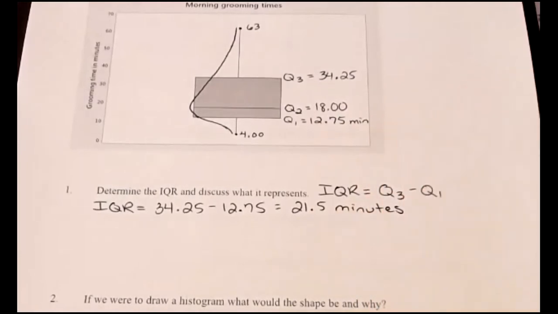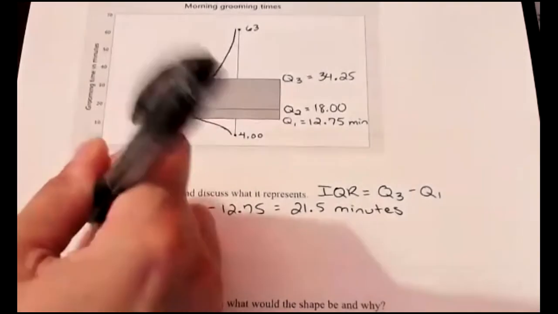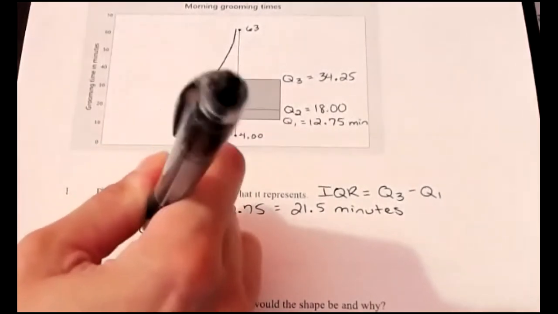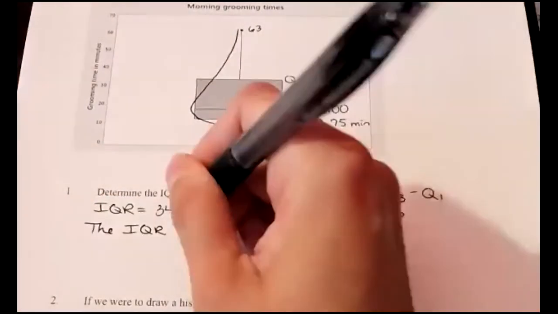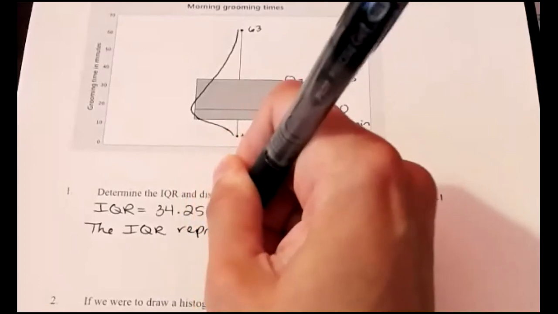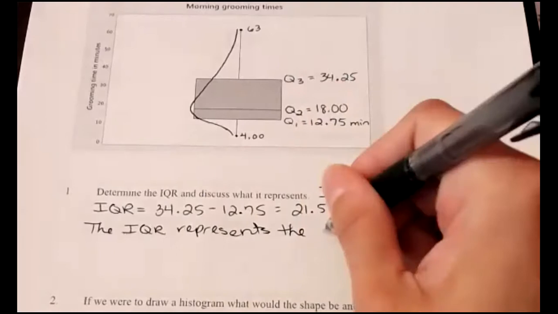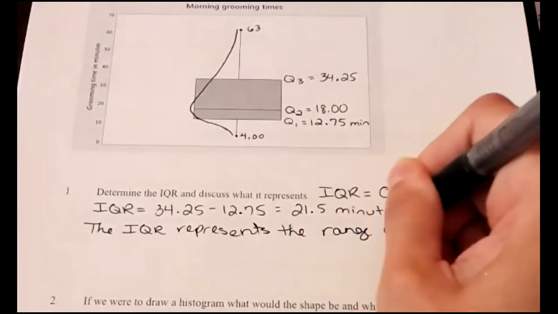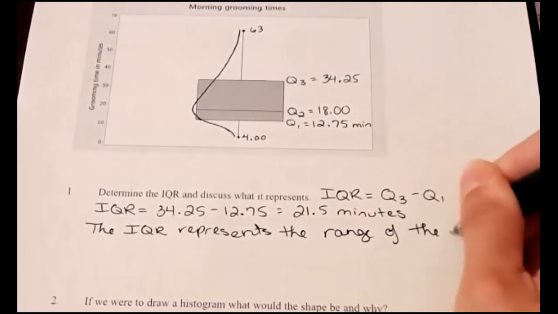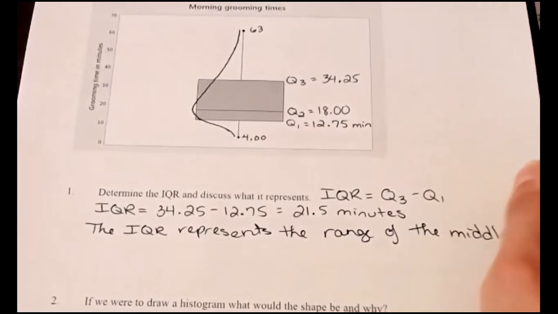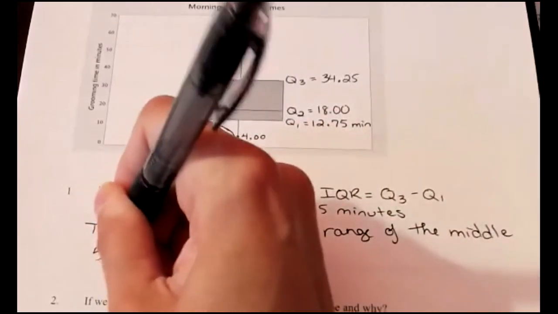Now, what does this IQR represent? The middle 50%. Perfection. The IQR represents the range of the middle 50% of the data.